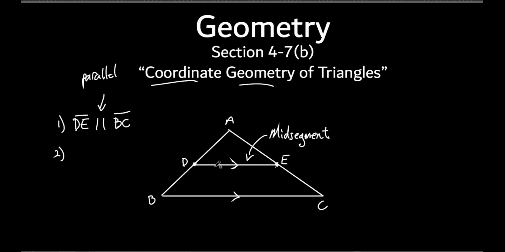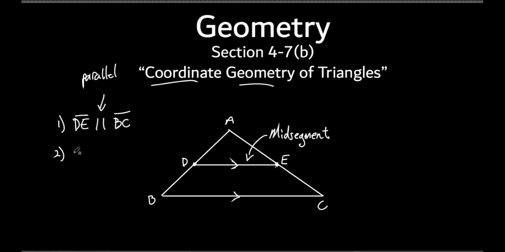There's another thing that's true about DE and BC. We actually took this, we copied it, made it a different color. We put it along here and we put it along here. So how many of these DEs can fit on BC? Two of them. That's right, two of them. So tell me about the length of DE compared to the length of BC.